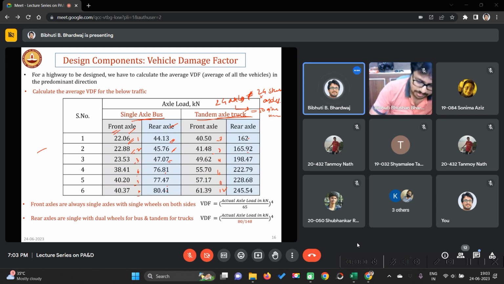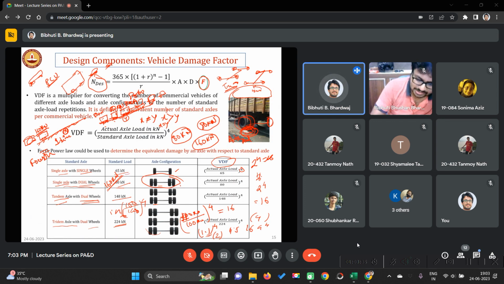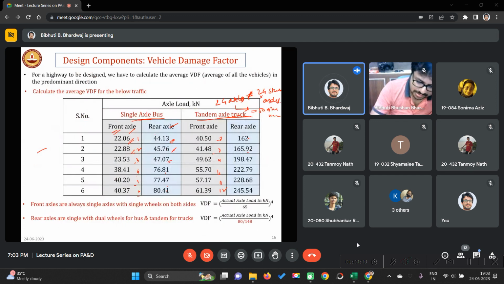So we know for the front axle the standard load is 65, because the front axle will always be a single axle, single wheel, right? For the rear axle also it is a single axle only, so it will again be 65. But here it is a truck with a tandem axle.